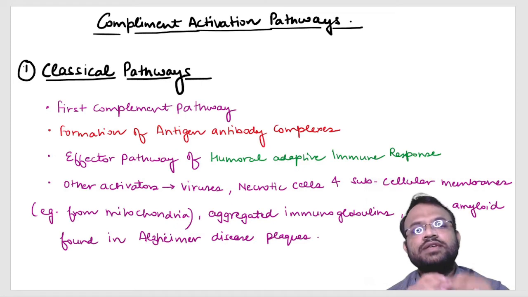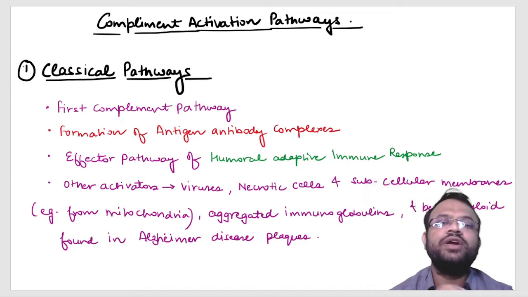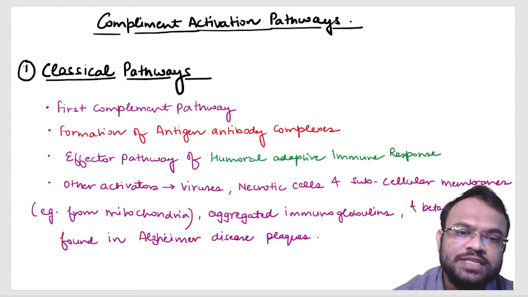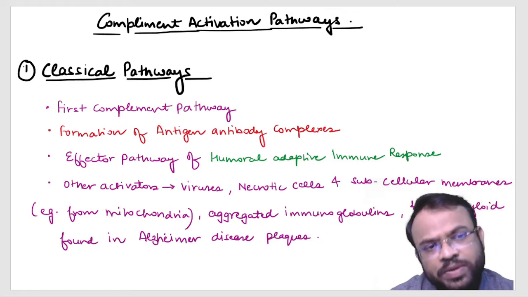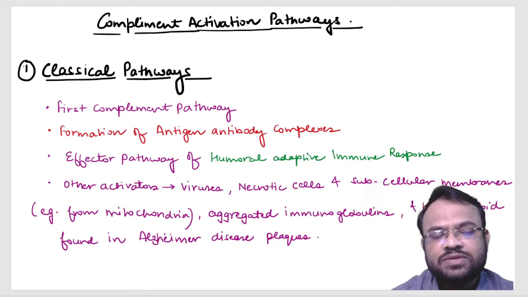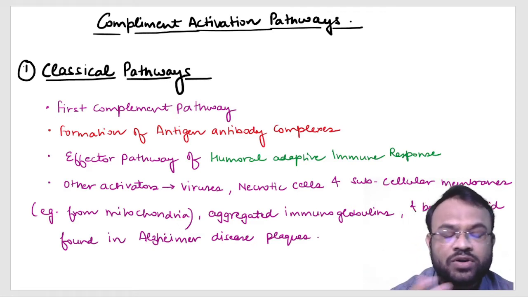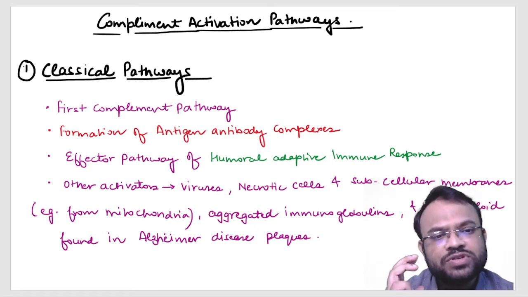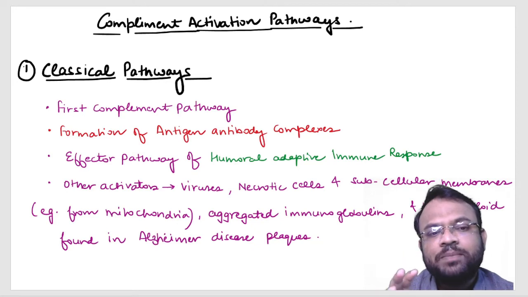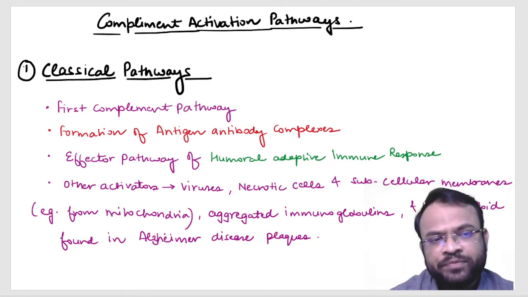The next thing is beta amyloid found in the Alzheimer disease plaques. Alzheimer is a disease in which a person loses his or her memory. Why does the individual lose memory? Because of the deposition of beta amyloid proteins inside the brain, right?